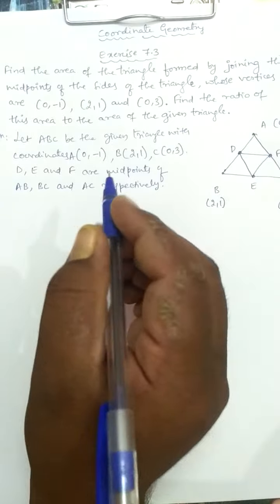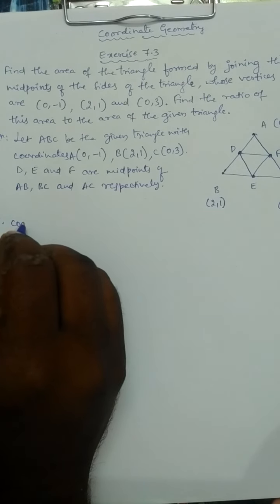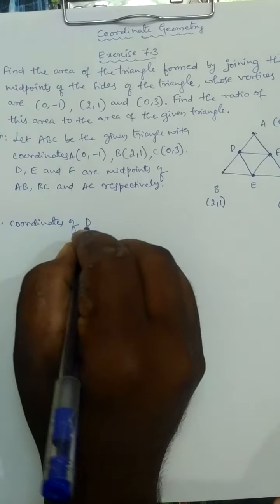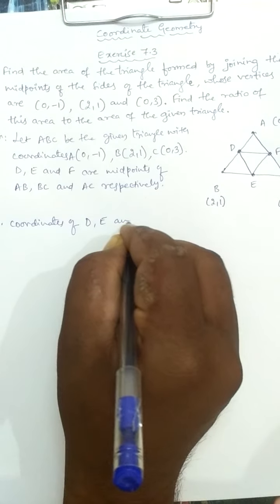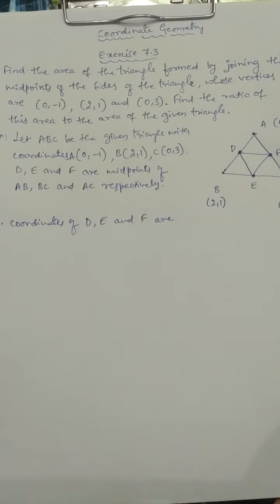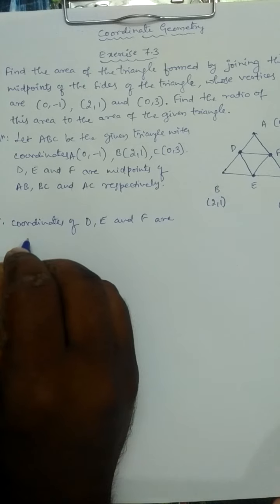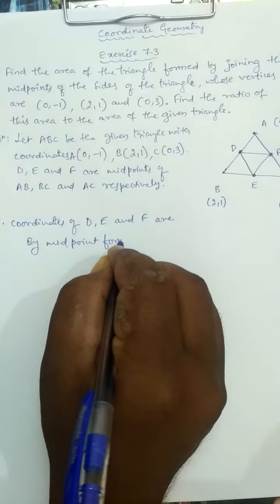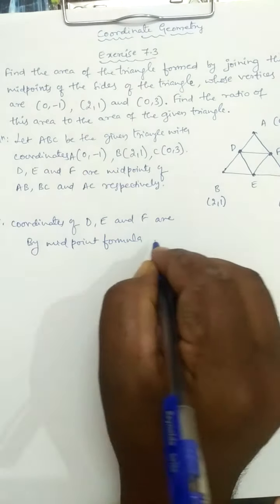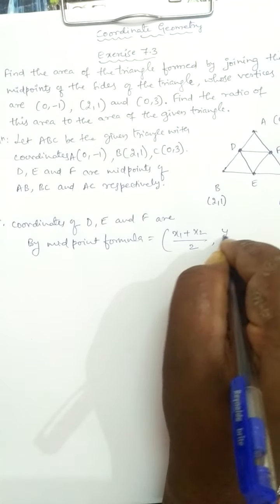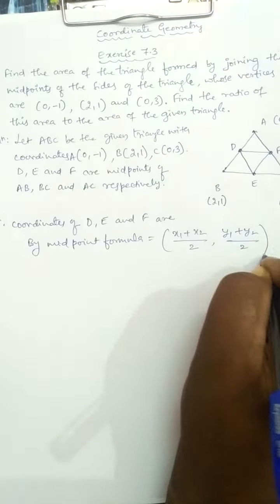So therefore the coordinates of D, E and F are, so how to find the coordinates of D, E and F? By using the midpoint formula. What does the midpoint formula say? It says (x1 plus x2) divided by 2, (y1 plus y2) divided by 2.